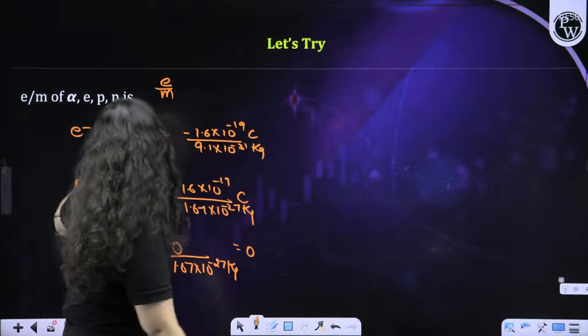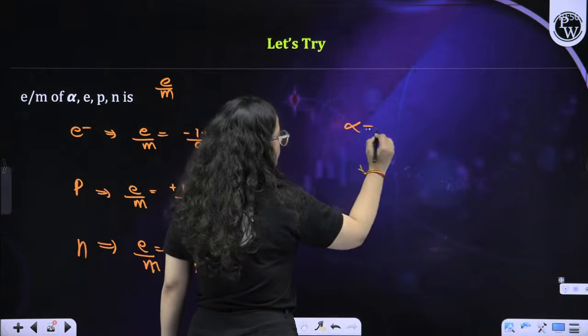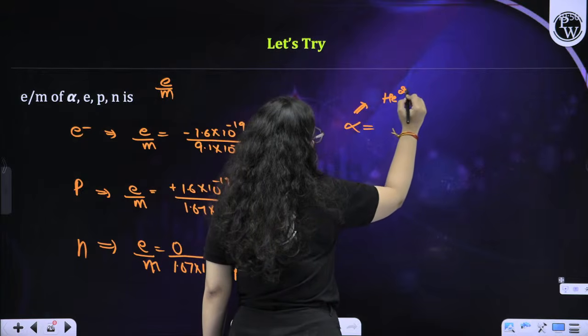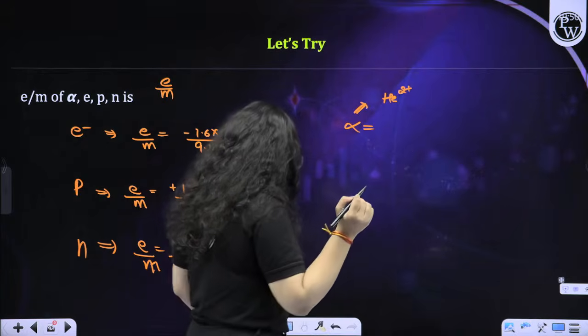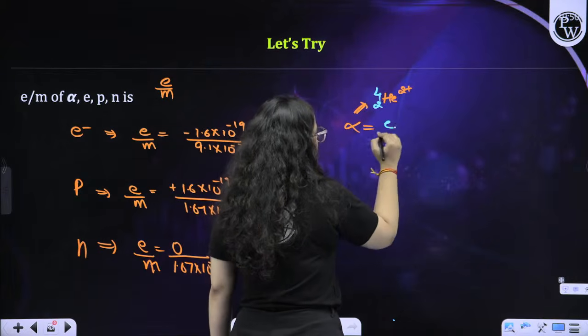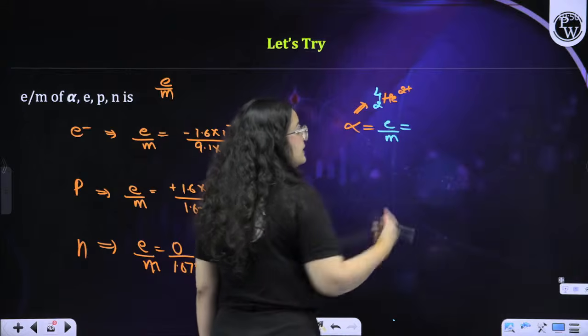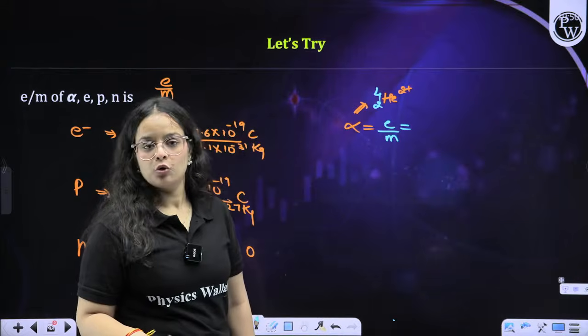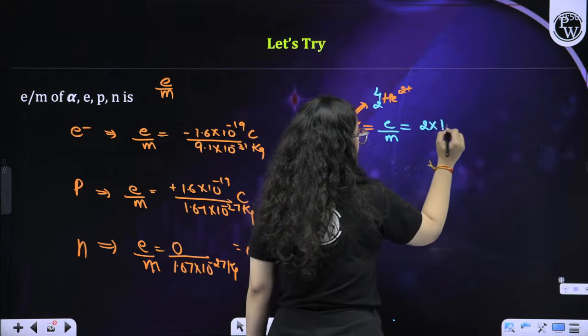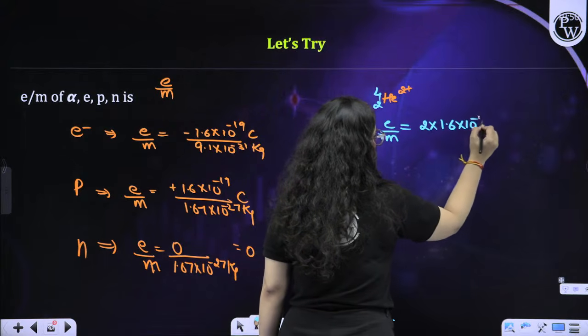If they are asking about the alpha particle, what is the alpha particle over here? Basically, these are He2+ nuclei, right? These are your alpha particles. So if you calculate the e/m for the alpha particle, He2+, what will it come out to be? Over here, the charge on helium is 2 positive, that means 2 × 1.6 × 10^-19 coulomb.